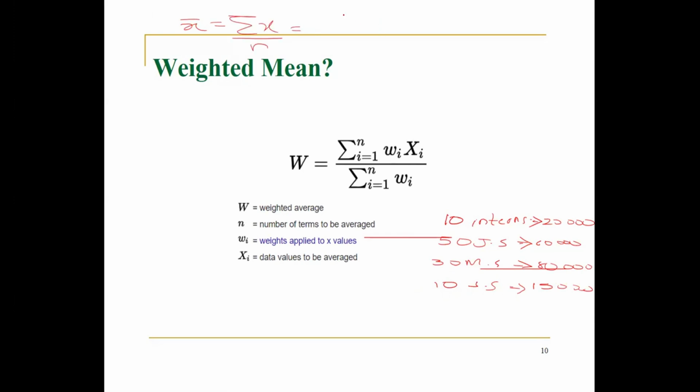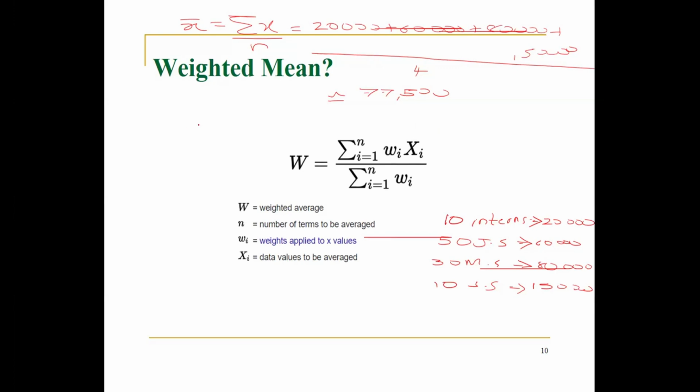So our average salary will be 20,000 plus 60,000 plus 80,000 plus 150,000, divided by 4, so that will be 77,500. You can see this does not represent the actual typical value.